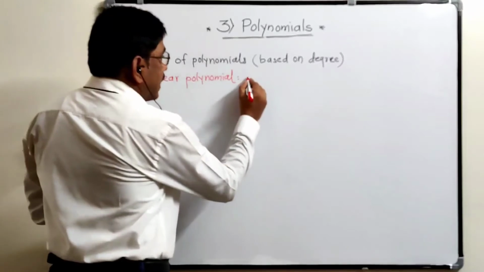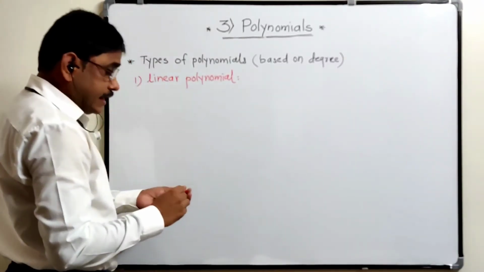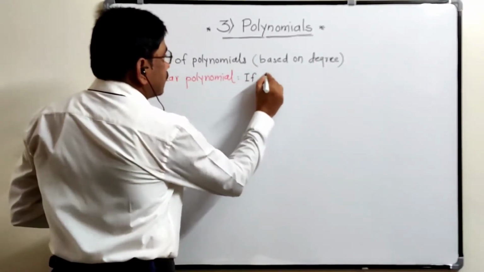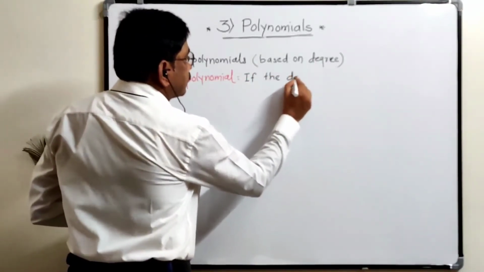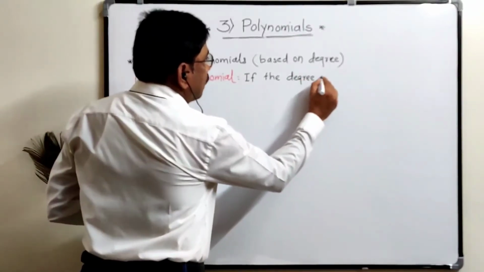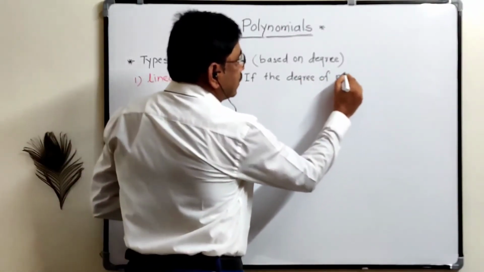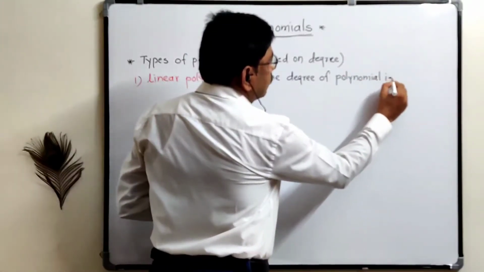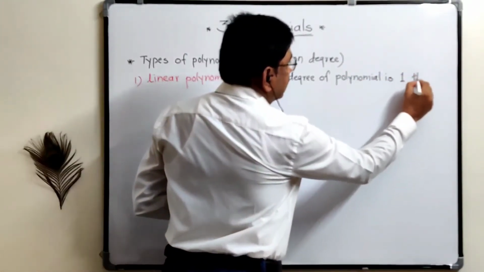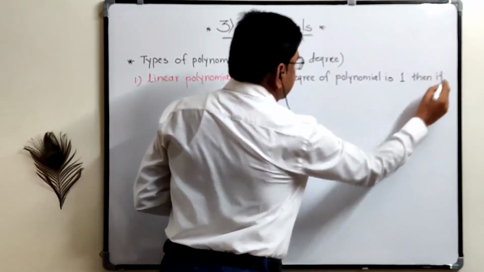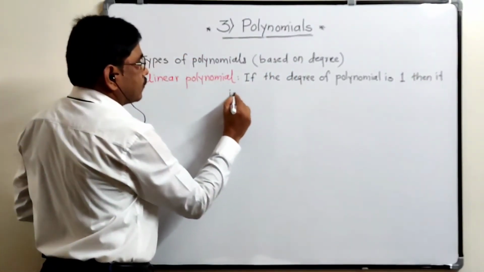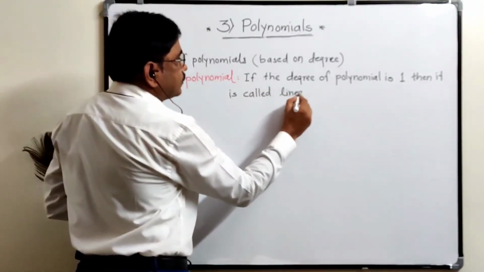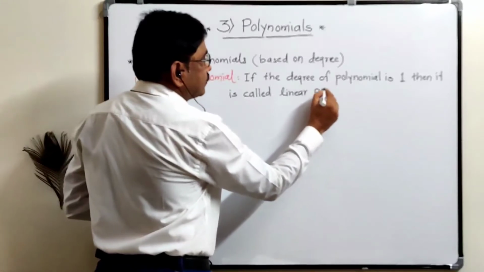If the degree of polynomial is 1, then it is called linear polynomial.